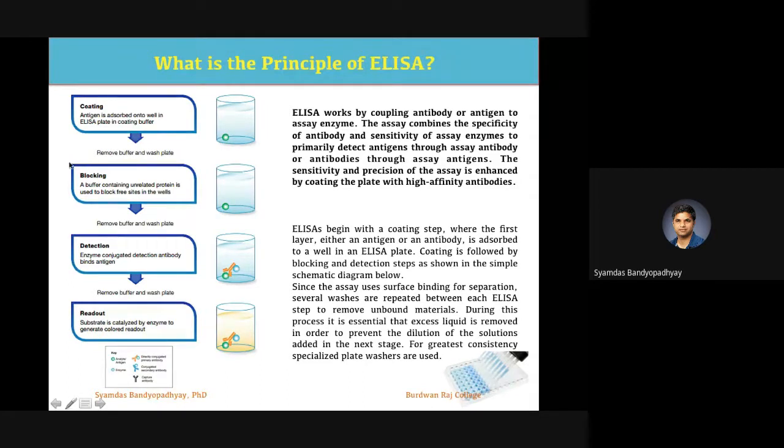And the next step is called blocking. In this step, a buffer containing unrelated protein is used to block the free sites in the wells. Most of the time, people use BSA, bovine serum albumin, that contains the albumin protein that can block the surface of the walls where the antigens are not able to adsorb.